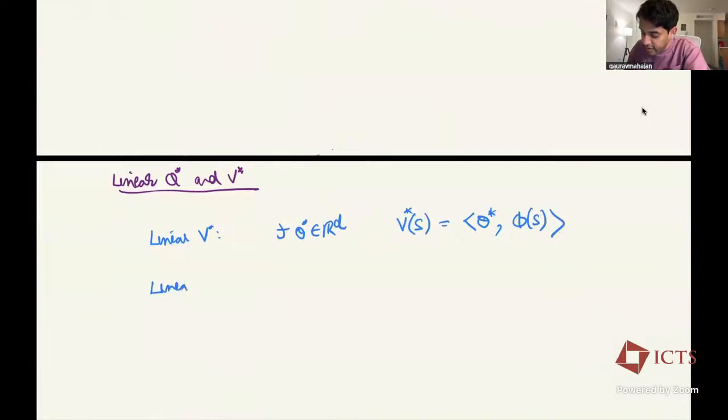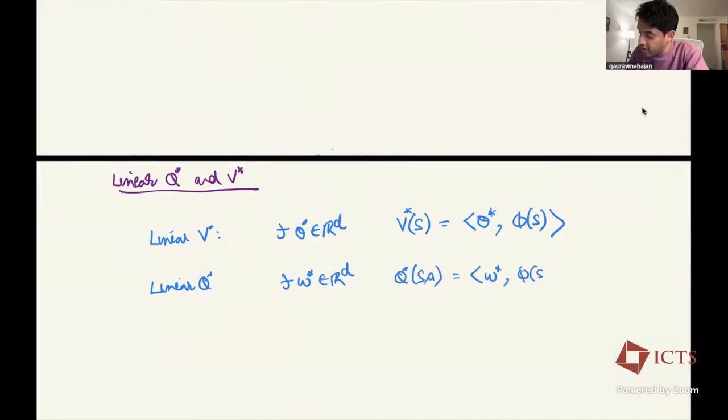And then there are other features. So there exists w star in R^d such that Q star of s, a is linear in some other vector and those features.